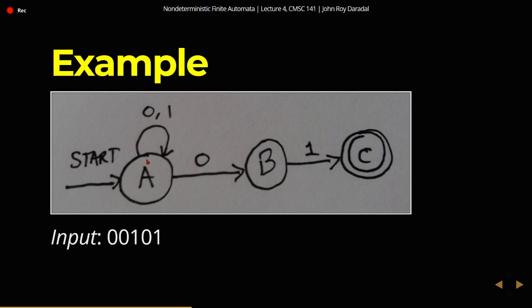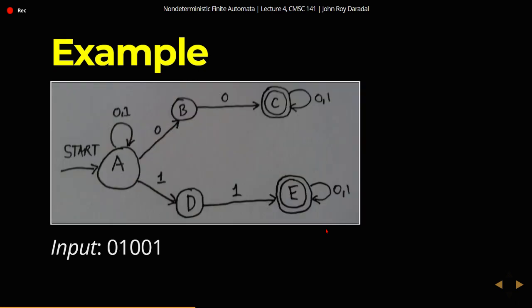Or let's say 0, 0, 1, and then you get stuck because there are no transitions anymore. So it's not accepted, right? But since there is one way for you to get to the final state, which is 0, 0, 1, 0, 1, then it is accepted. So as long as one path leads to a final state, it's accepted.